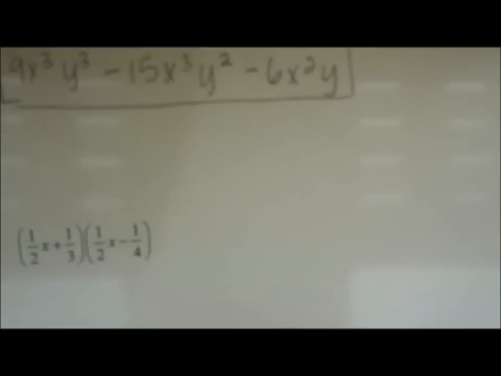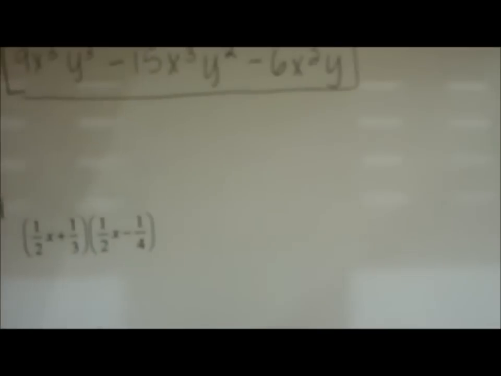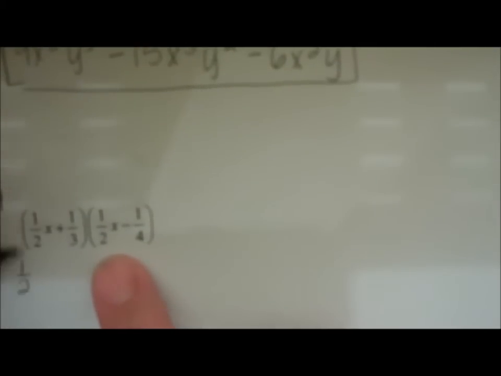Number 23 comes from section 4.4. Okay, these are not the same, so we have to work it out. We're going to do 1/2 x, this first term, and multiply it by the parentheses, 1/2 x minus 1/4. Take the second term, positive 1/3, and multiply it by the parentheses, 1/2 x minus 1/4.